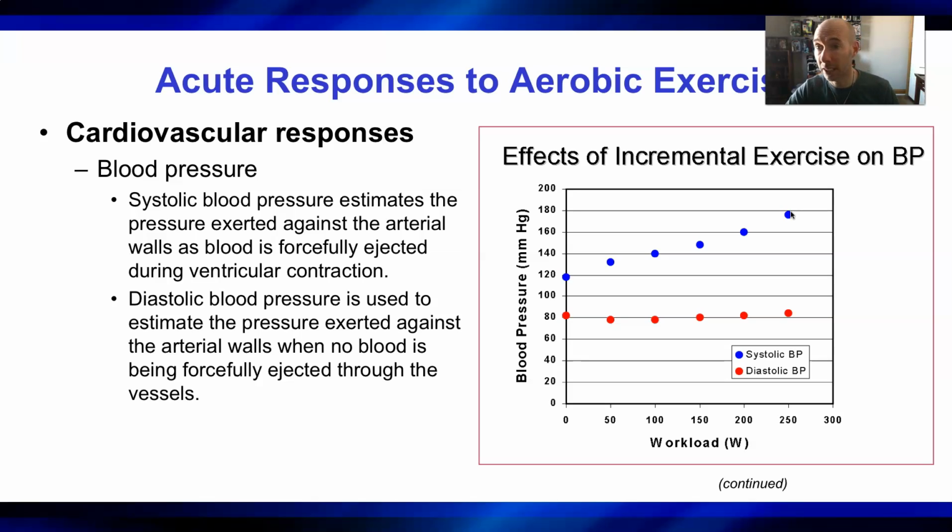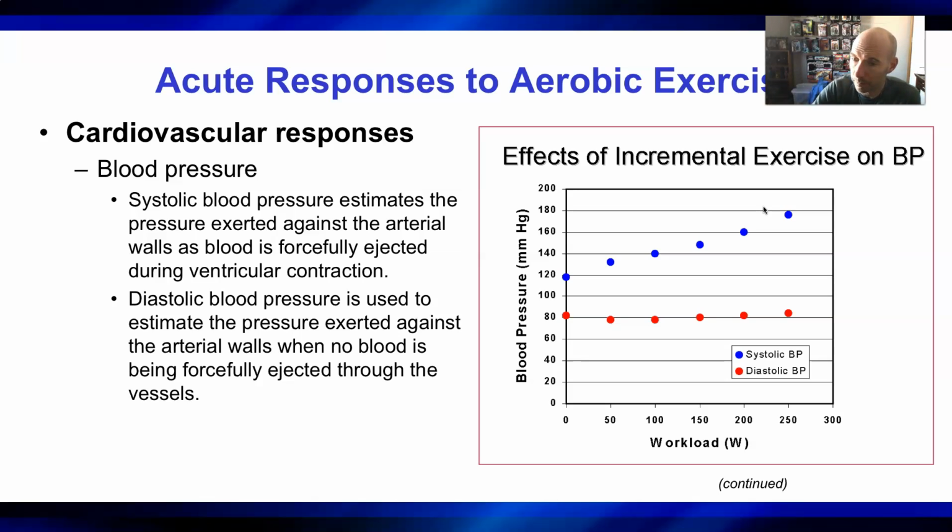Now, the reason this occurs, kind of like we mentioned with stroke volume earlier, as our exercise intensity increases, the heart is going to beat more forcefully. That can assist in driving the blood pressure up. There's also going to be more vasoconstriction going on out in the body. That's going to drive blood pressure up as well.